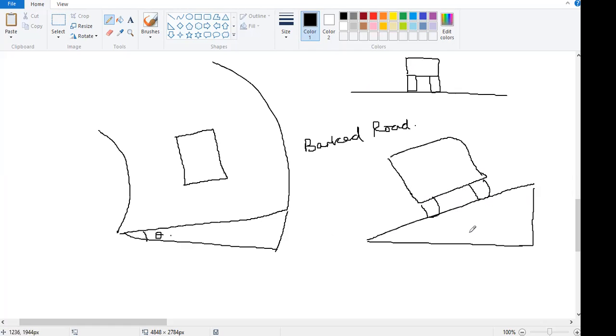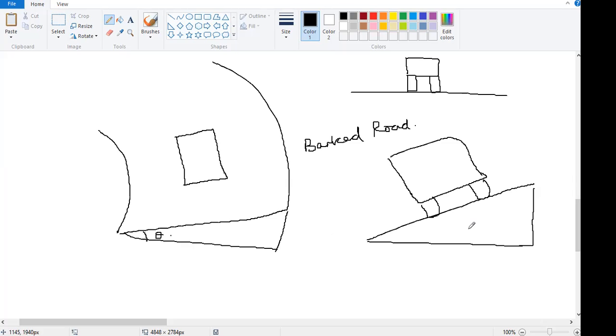Have you seen this kind of roads anywhere? Where have you seen it? On a hill station road, very good. Hairpin bend, yeah, that's same as hill station.